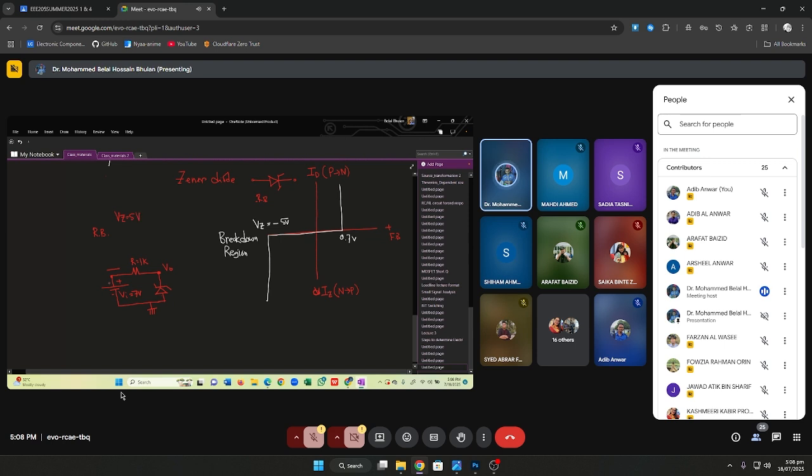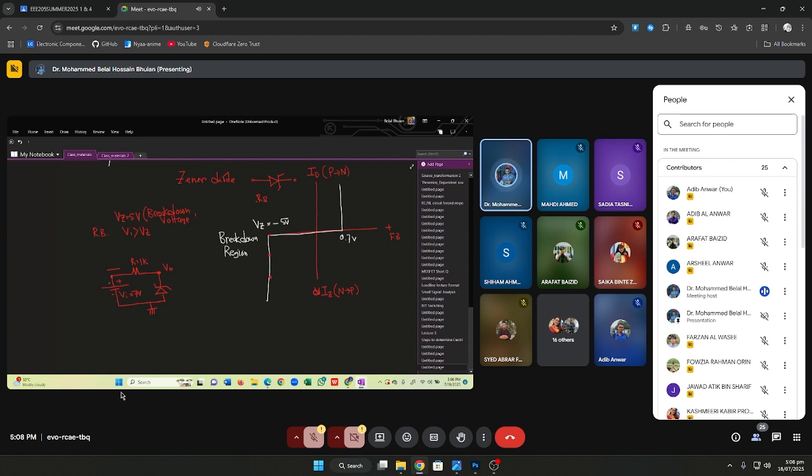That means the breakdown voltage is 5 volt, which means if you apply a VI greater than VZ, then it will enter into the breakdown region. Once it has entered the breakdown region, what happens? The voltage across it remains fixed at 5 volt. That means the current will change, but the value of the voltage will be 5 volt.